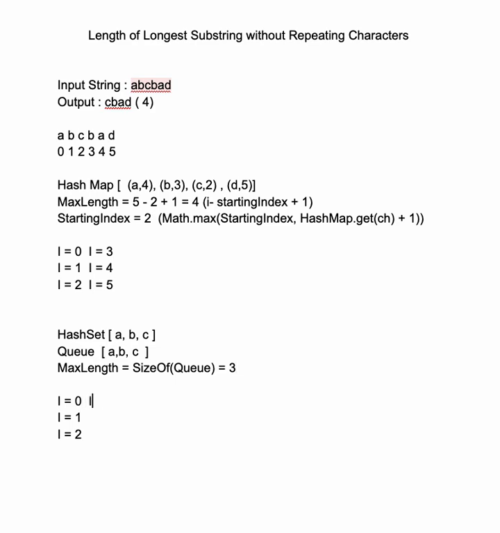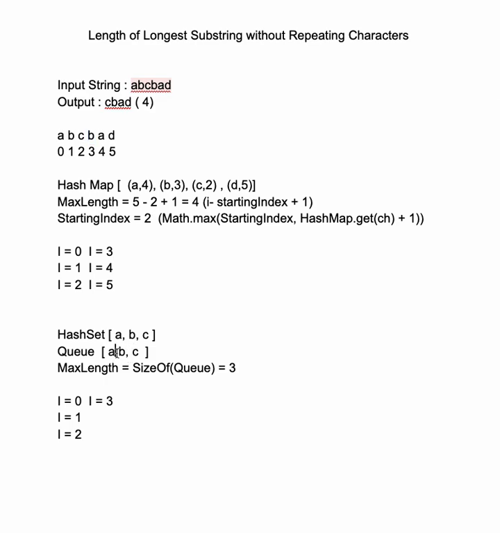Now at I equal to 3, here comes the trickier part. We already encountered B in the hash set. So if we do hash set dot contains, it returns true, which implies that B is already present in the hash set. First and foremost, we need to dequeue the queue until we encounter B. What does that mean?